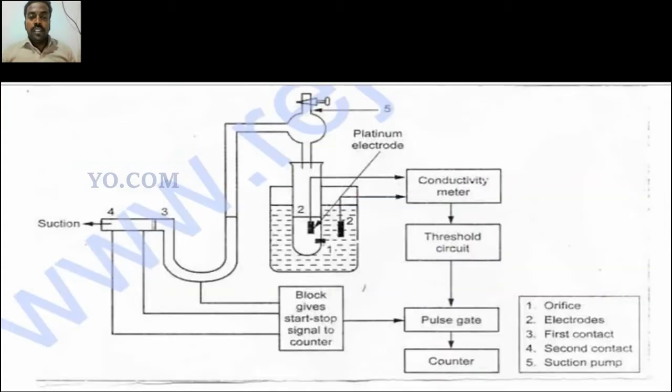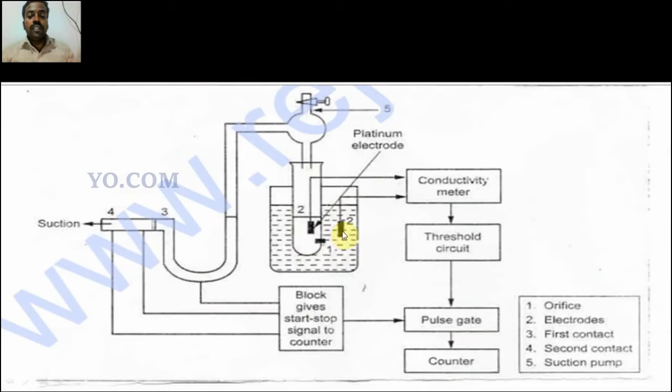See the detailed block diagram. This is the container or beaker. It has the diluted blood. Then this is another tube, a glass tube. It also contains some liquid, along with an electrode. This is one electrode, a platinum electrode.